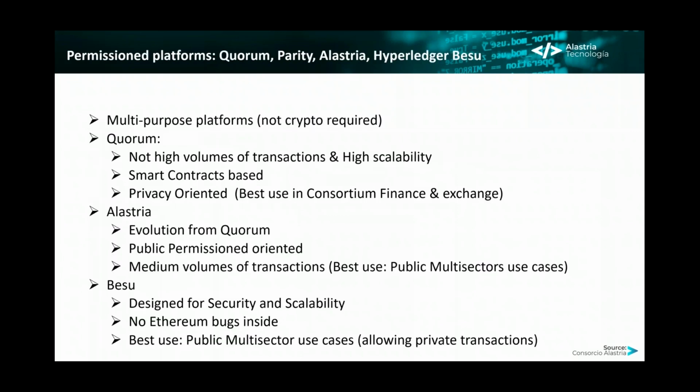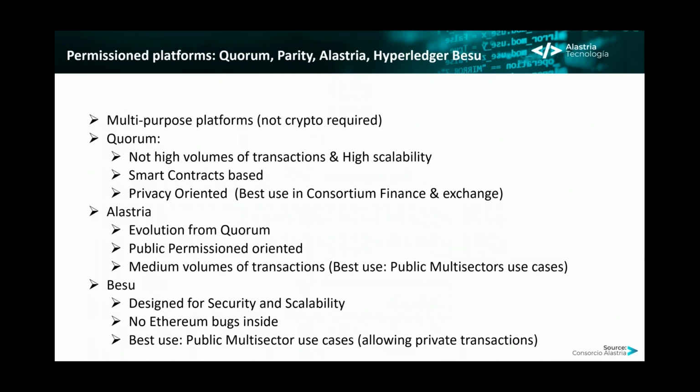In the middle, not public and not private, as I mentioned, is the public permissioned type. These are some of the clients of Ethereum platforms and also evolutions of the private consortium concept. They are multi-purpose platforms, not really crypto required. You can implement crypto on top of that type of network, but it is not crypto required.